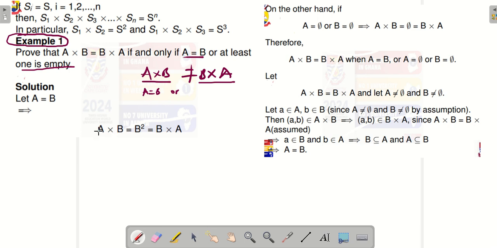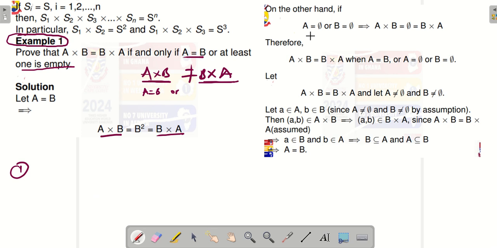So let's start with this. If A cross B is equal to B cross A, then let's come here. On the other hand, let's make an assumption, because that is what the question has given us, that the only way that A cross B can be equal to B cross A is when either A and B both are empty, or one is an empty set.